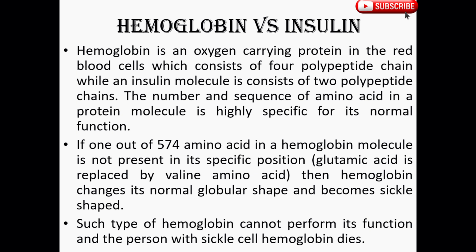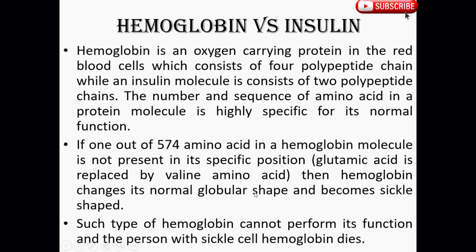The number and sequence of amino acids in a protein molecule is highly specific for its normal function. We can say that the arrangement as well as the number of amino acids in a protein molecule is very specific for their normal function. If 1 out of 574 amino acids in the hemoglobin molecule is not present in its specific position, for example, if glutamic acid is replaced by the amino acid valine, then the normal globular shape of hemoglobin is changed into a sickle shape.